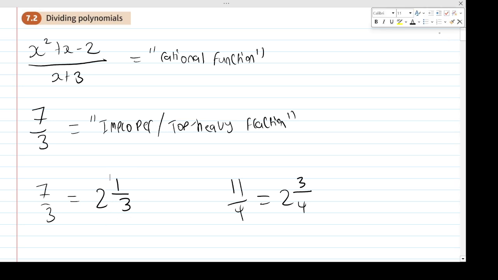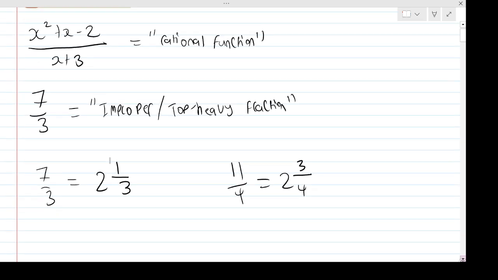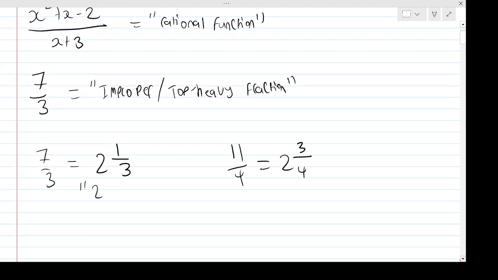So now it's no longer top heavy, and this reads as 2 and a third, and in this example, 2 and 3/4. So you can think of that as literally 2 plus 3 over 4, and that'd be the same fraction as 11 over 4. And so this introduces the idea of a remainder, and how many times things go into each other.